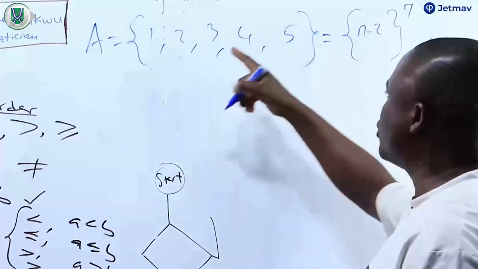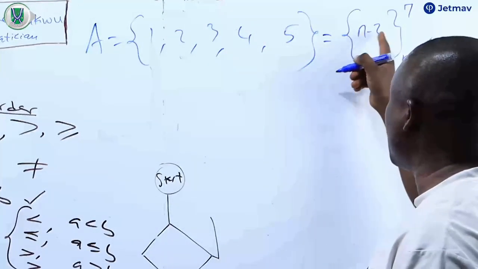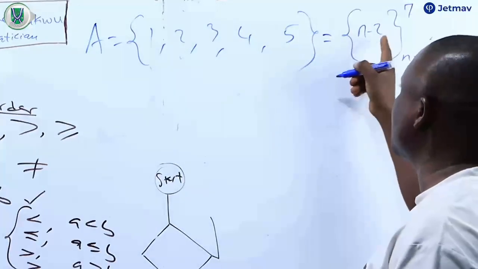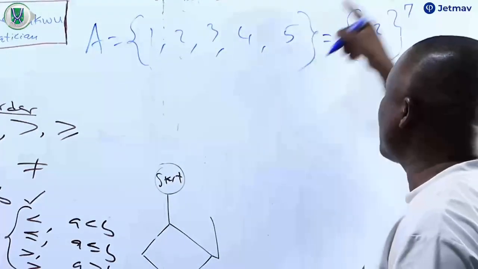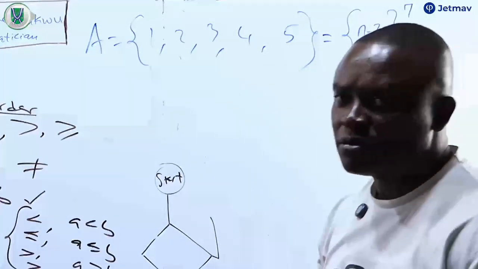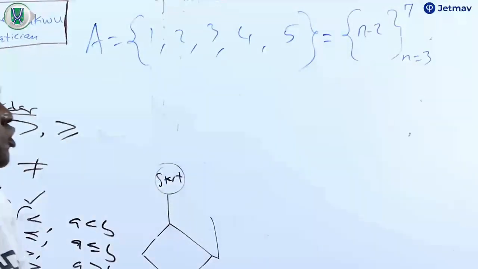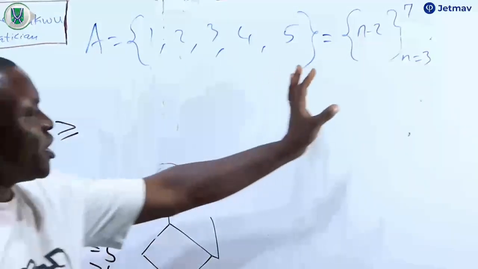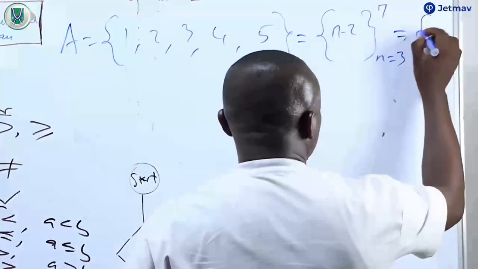Put 5, 5 minus 2 is 3. Put 6, 6 minus 2 is 4. Put 7, 7 minus 2 is 5. You stop at 7. This is the meaning of this. So this is another way of writing this, the compact way of writing this. Instead of writing it this way, you can reduce it to this. And so this becomes a function of n.